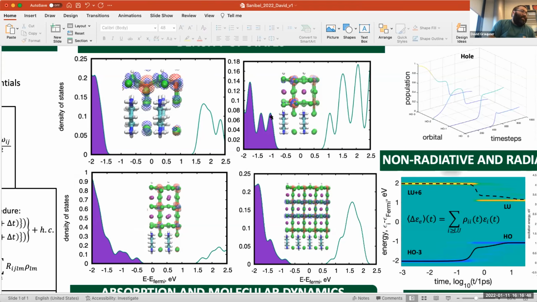There is a state at approximately -1 on this one, and we've broadened it with a Gaussian. There's no labels on here. On the eV, it's at the very bottom. We've broadened the peak with a Gaussian approximation. So the higher the peak, the more states that are there. The purple shaded region is occupied, the unshaded region is unoccupied.